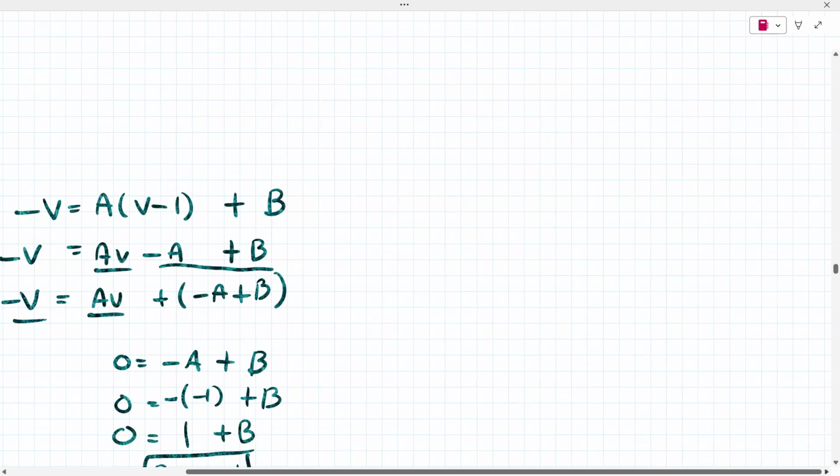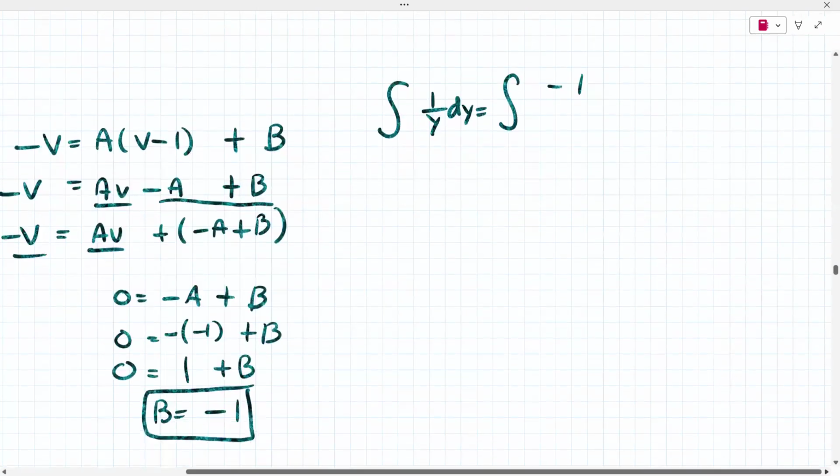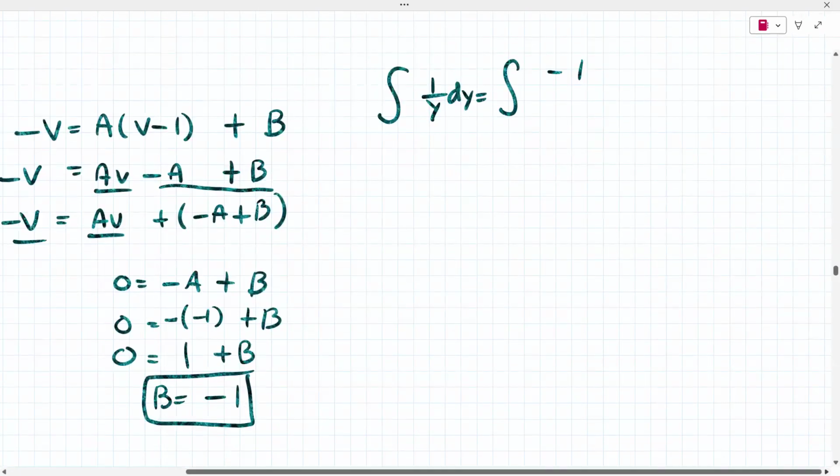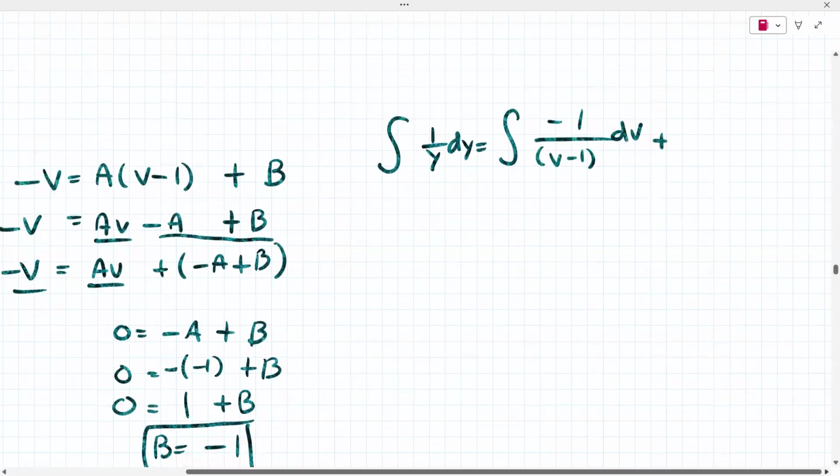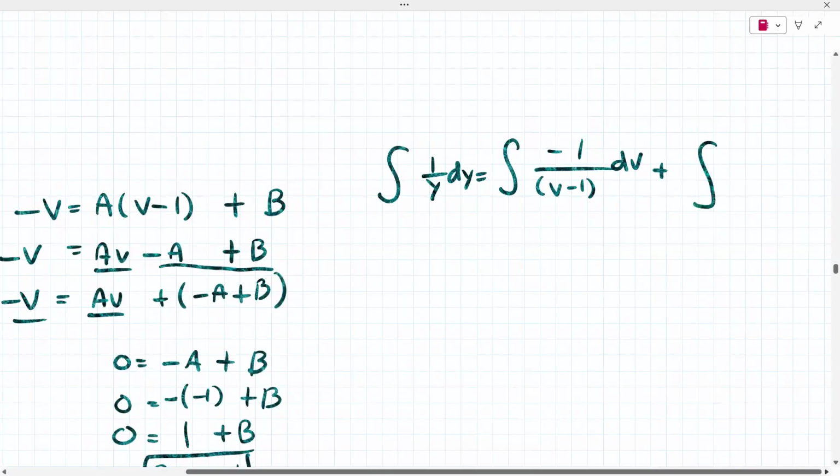Okay, so if you're going to rewrite this as the integration, on the left it was the integration of 1 over y dy, and then on the right it's the integration of negative 1 over v minus 1 dv plus the integration of negative 1 over v minus 1 squared dv.